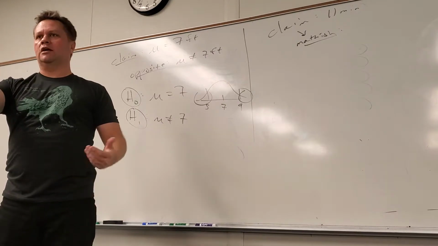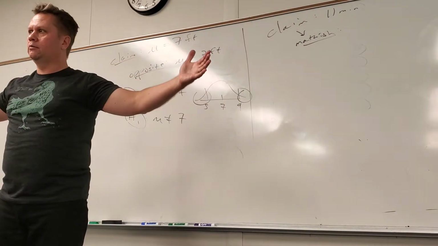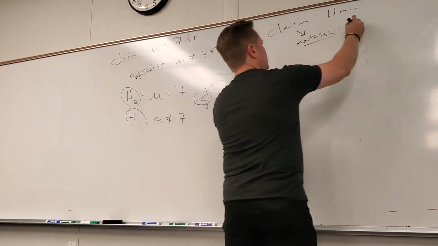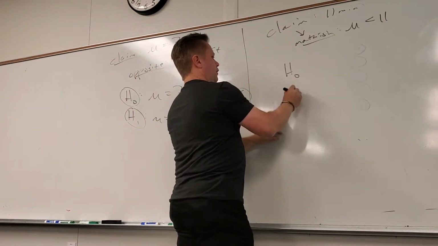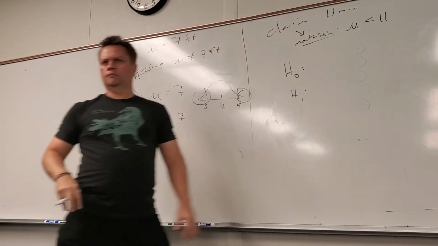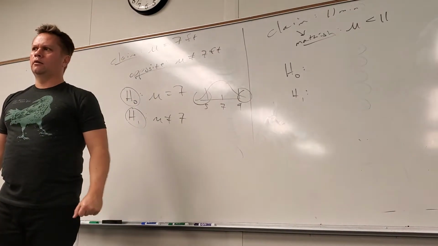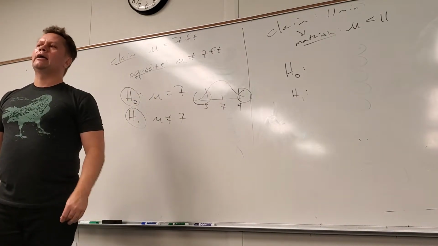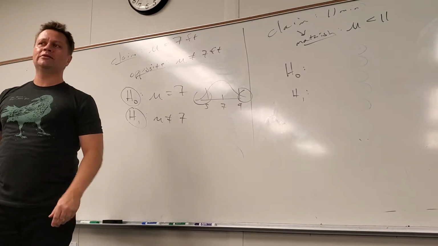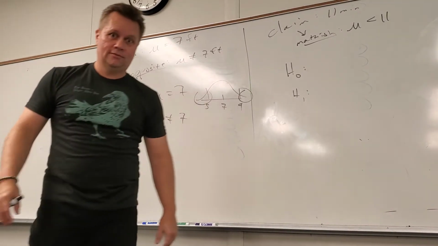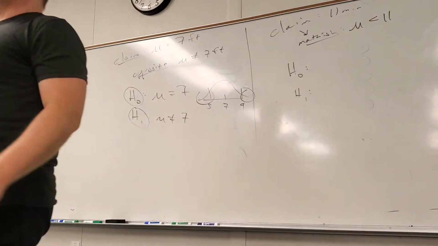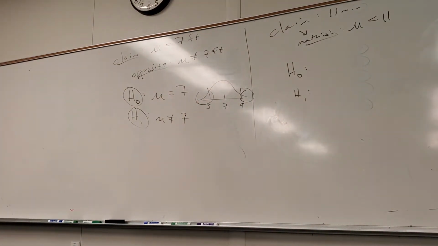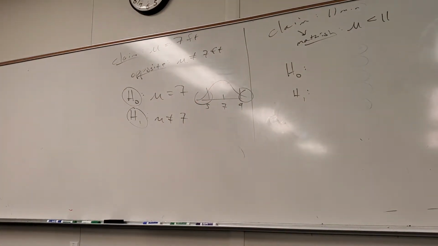So the average time of my drug for everybody, mu, would be less than 11. Which one is that going to go in for? The Ho or the Ha? The Ha. I love it. Because what's the Ho always got to have? What's the null hypothesis? Always have to have equal in its statement.